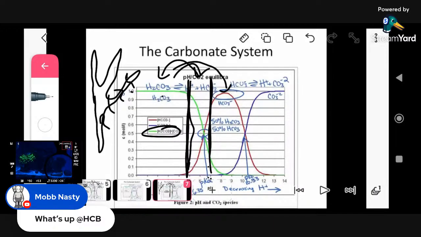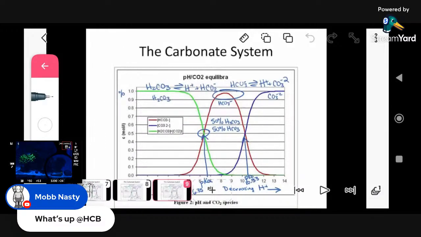Anyways, all you got to get from this is that when the pH is low, around this range, it's highly favoring carbonic acid. Usually people that struggle with this are people that run a calcium reactor.